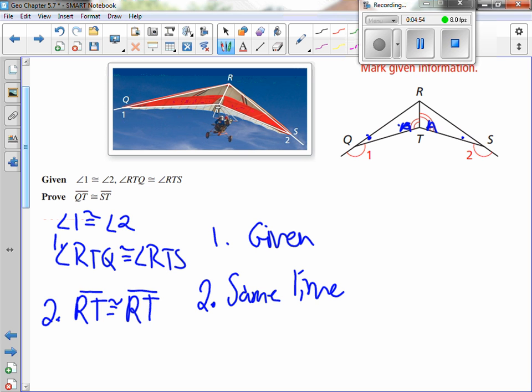So we have a side and an angle, yes? We either need another set of sides or another set of angles. Most likely we're going to use angles because they gave us that angle 1 and angle 2 are congruent, yes? So we need to use that to show that these are going to be congruent.